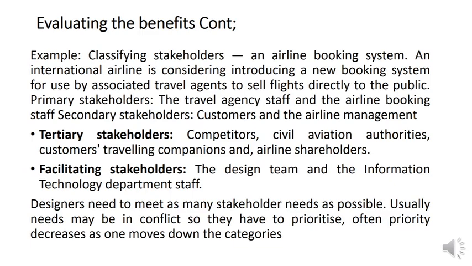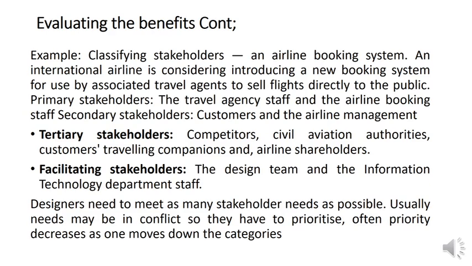Examples: classifying stakeholders. An airline booking system, for example: an international airline is considering introducing a new booking system for use by associated travel agents to sell flights directly to the public. The primary stakeholders of such a system are the travel agency staff and the airline booking staff.